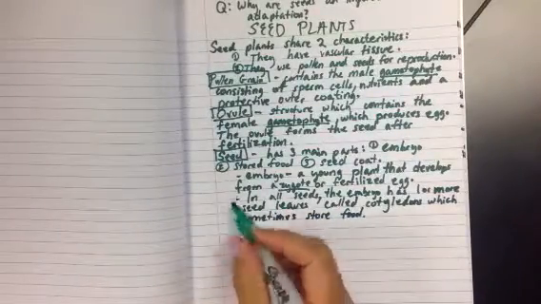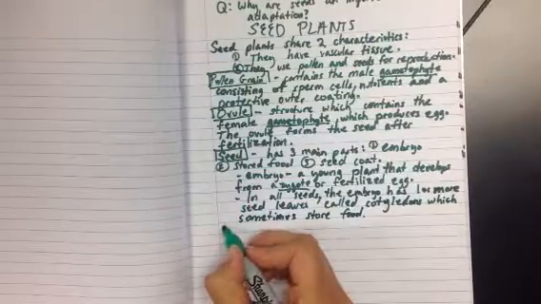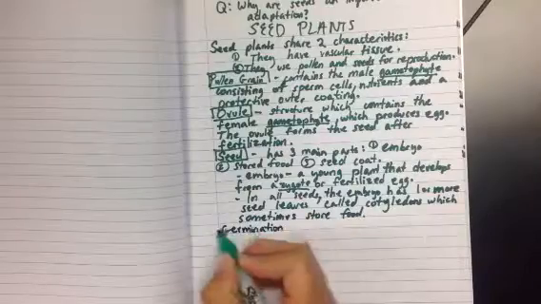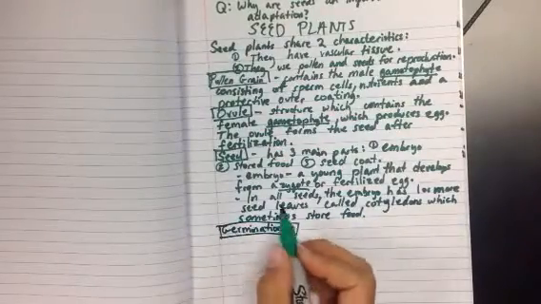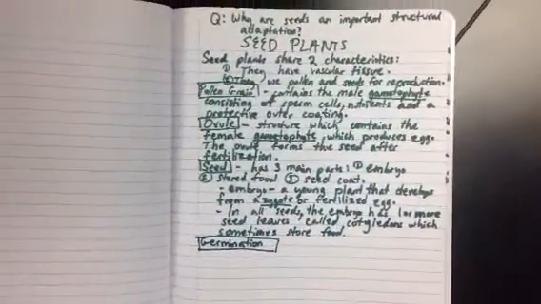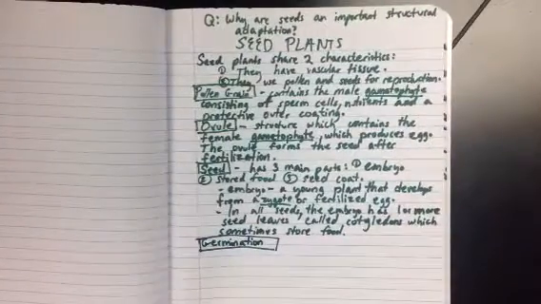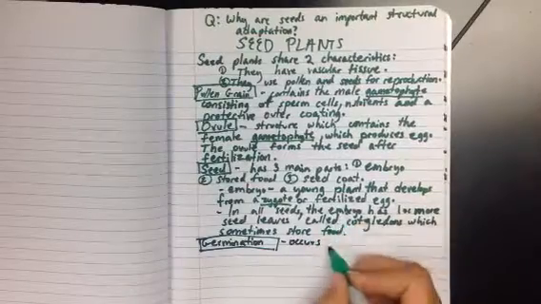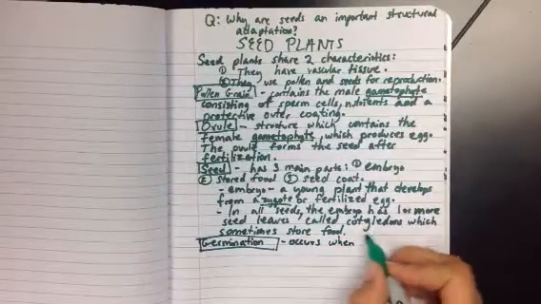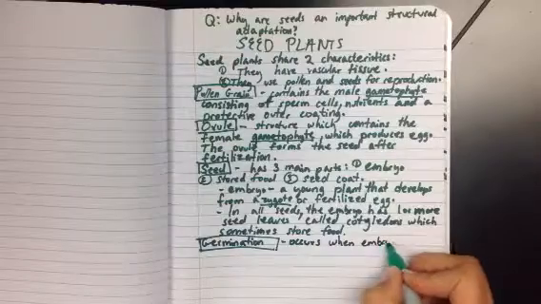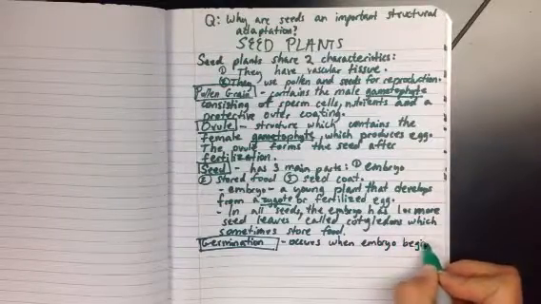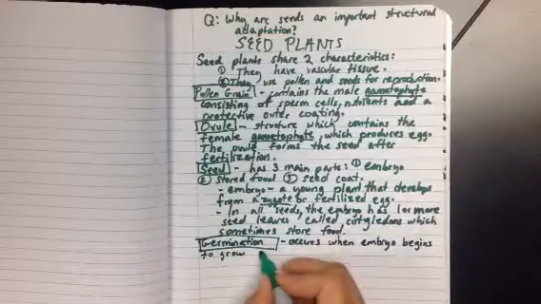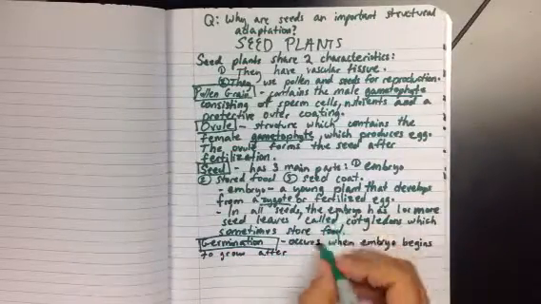So once a seed has been made, how does it turn into a plant? It goes through a process called germination. Germination occurs when the embryo begins to grow after dispersal.